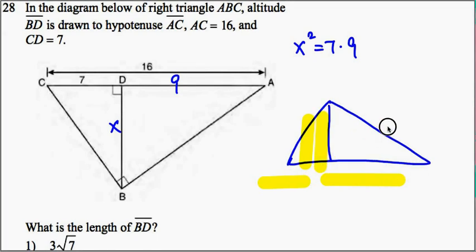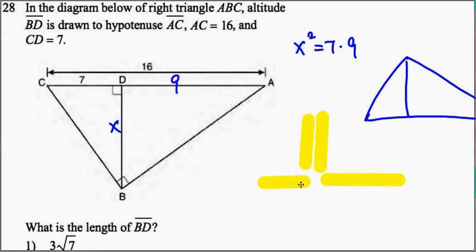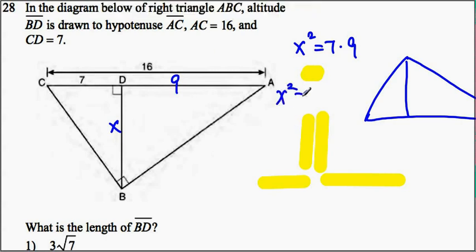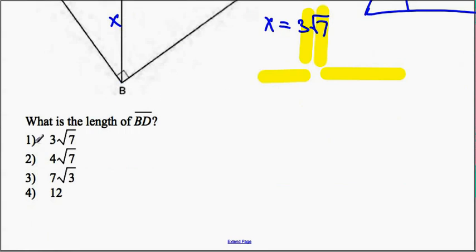And somehow if you take this triangle out, it looks like some sort of smiley face. That's why. But anyways, here we end up having x squared must be equal to 63, and x must be equal to 3 square root of 7, which is choice number 1.